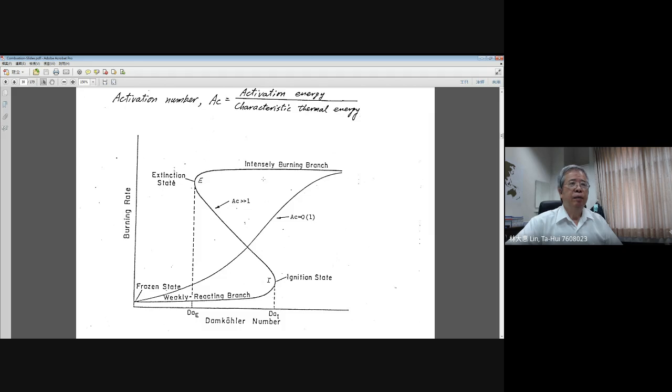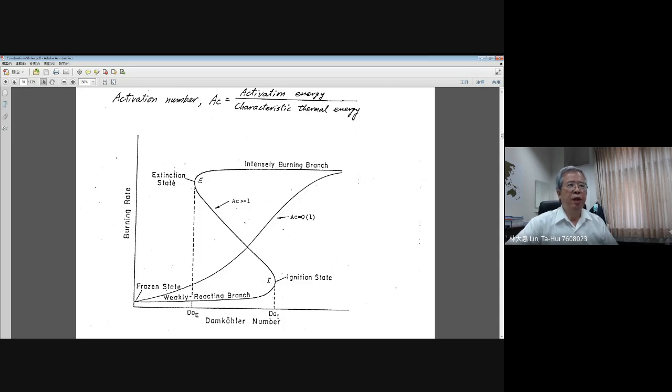Between the upper branch and the lower branch, there is the intermediate branch. Unfortunately, from experiments we cannot see any state described along this intermediate branch, because the states described by the theory are basically unstable states, which cannot be observed in our systems. But from the theory, we can connect these two by stability analysis.